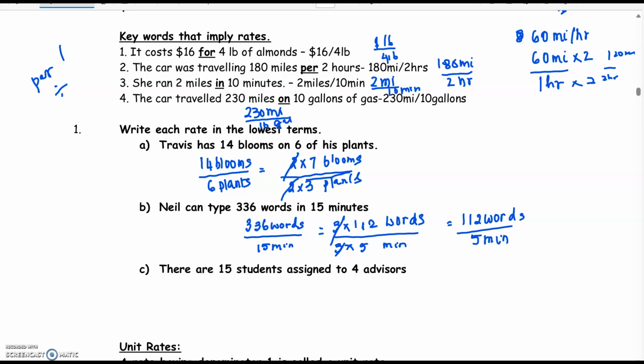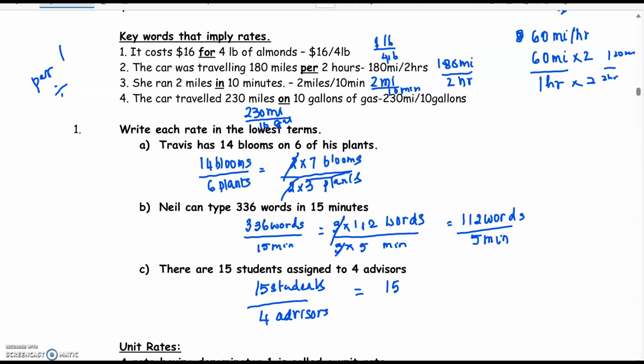Each one of these is a rate. So 15 students to, so we're writing a ratio, 4 advisors. So 15 students is 5 times 3 is 15, 2 times 2 is 4.